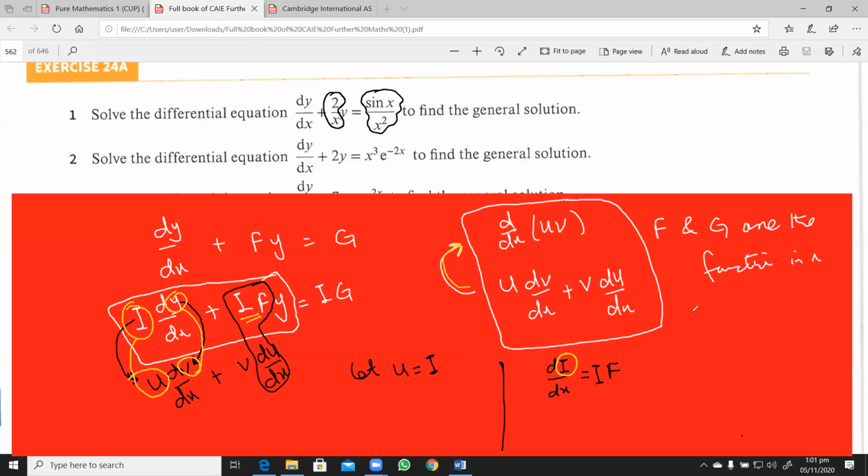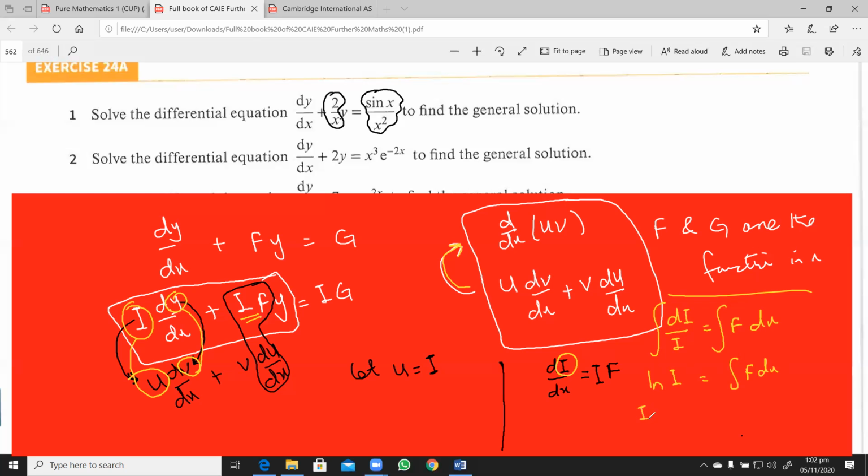Okay, now we'll be solving this. I'll be writing it as di by I that is equal to f dx. So this is going to be ln I that is equal to, we'll keep it as it is, integral of f dx.